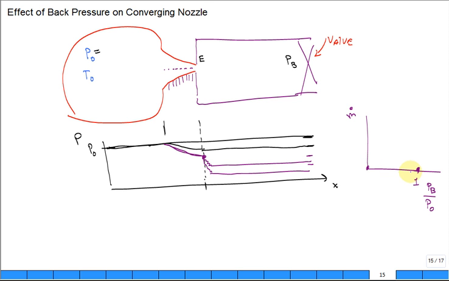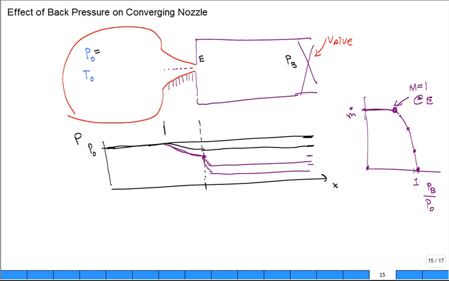But if I open up that valve and drop the back pressure a little bit, the flow rate goes up quickly. And then all of a sudden it's flat. And at this point right in here where it goes flat, that's where it was Mach equal to 1 at the exit of the nozzle.